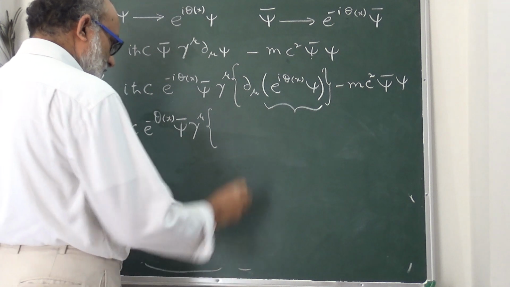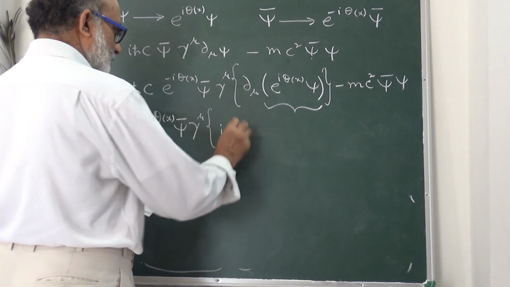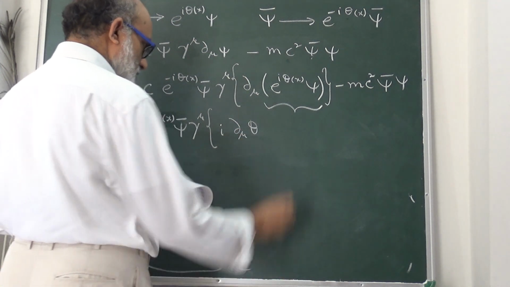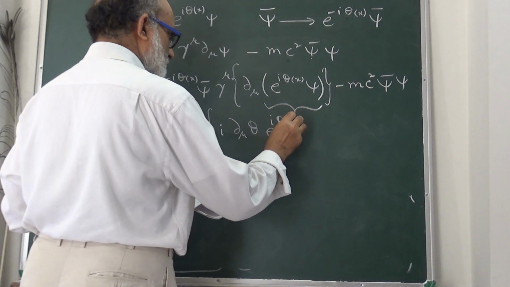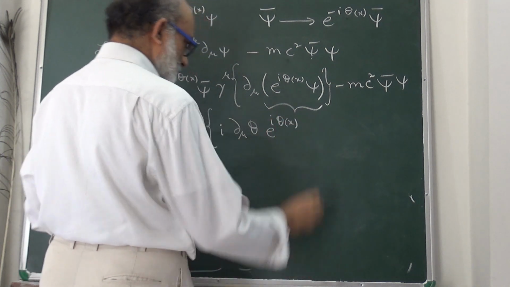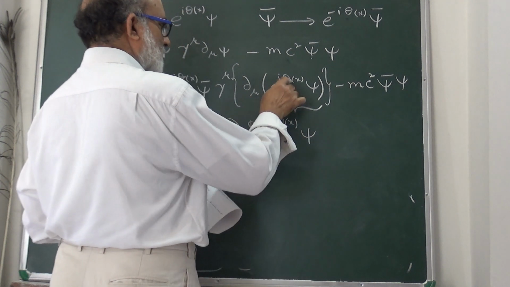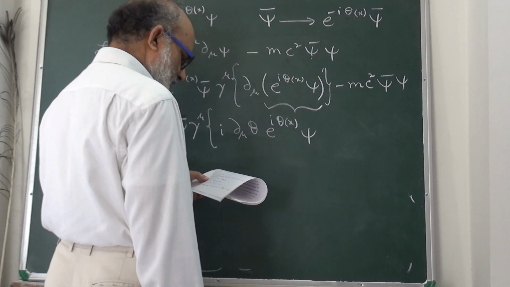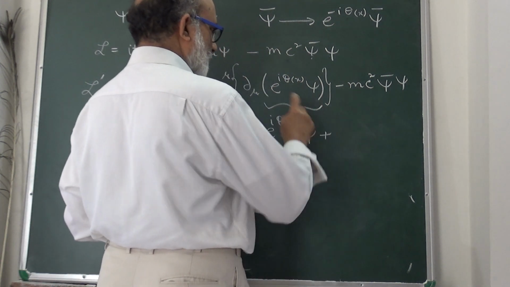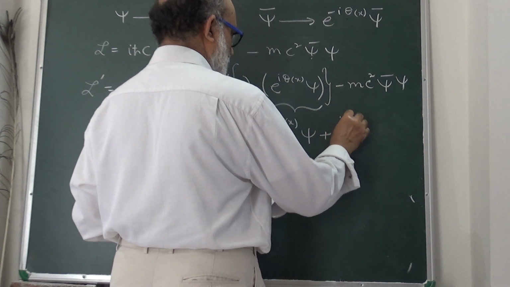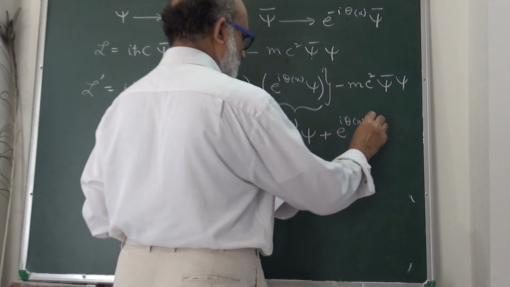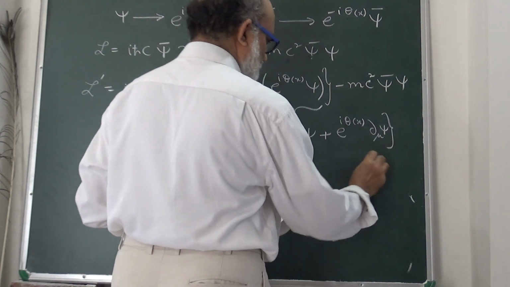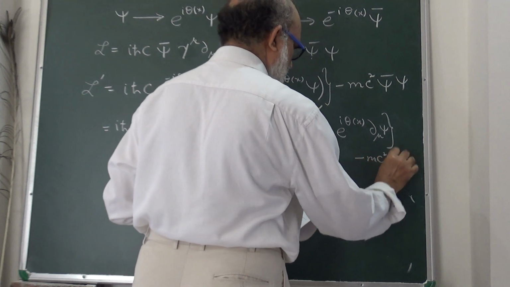Differentiate this one, you will get i. So this will be differentiated, del by del x, so x depends upon space-time plus now this part is constant, and this will be now this m c square.